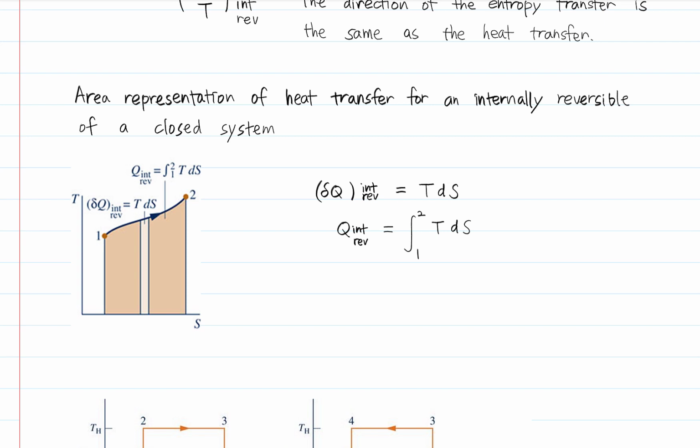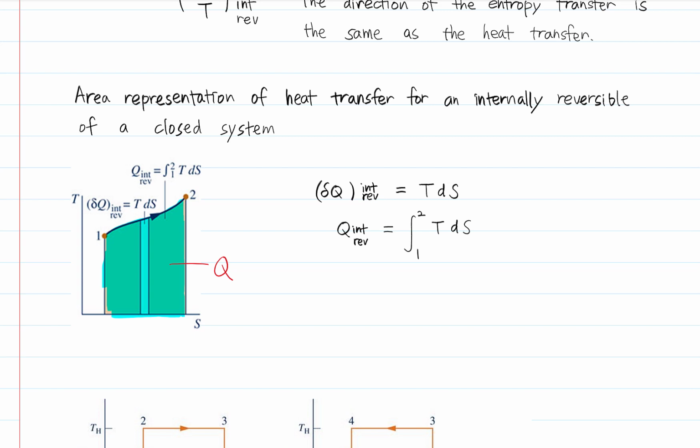So the total heat transfer Q corresponds to the area under the process curve 1-2 on a temperature-entropy diagram. So total heat transfer during the process from 1 to 2 is the area under the curve 1-2. So this is the total heat transfer during the process 1-2.